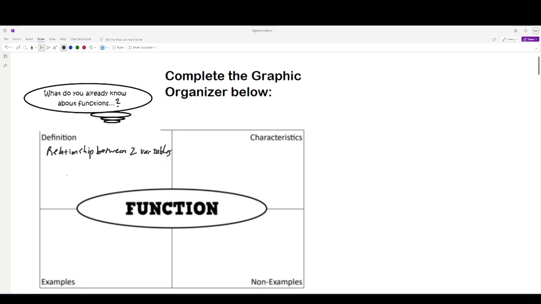But more importantly, I think of it as a characteristic being that it's like a machine with inputs and outputs. One of the most important characteristics of it is that each input has exactly one output.